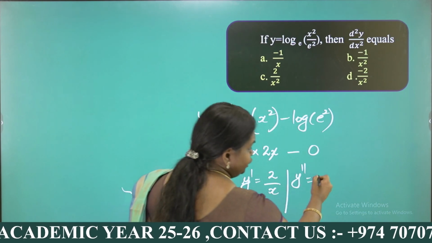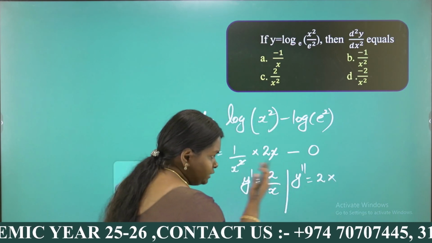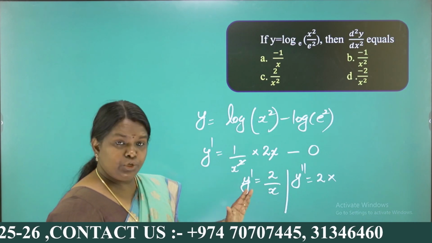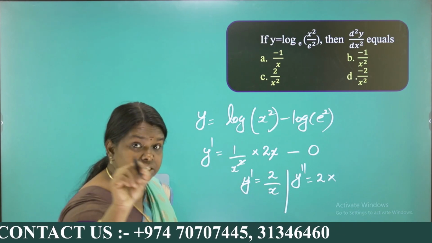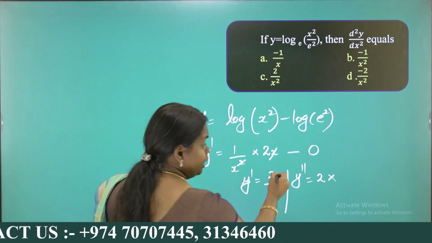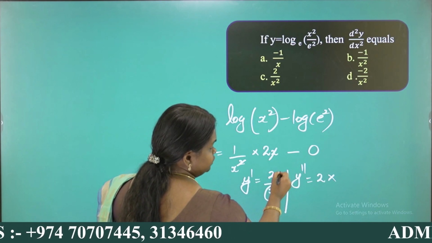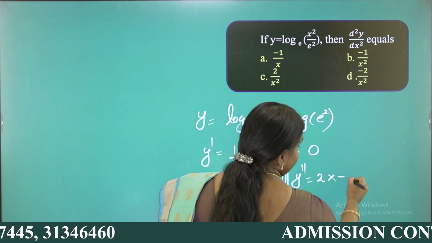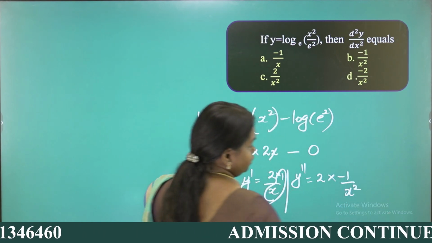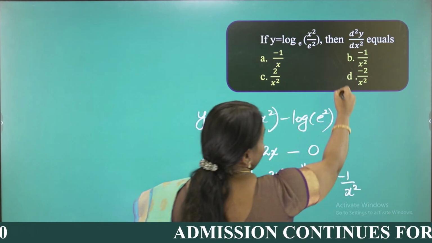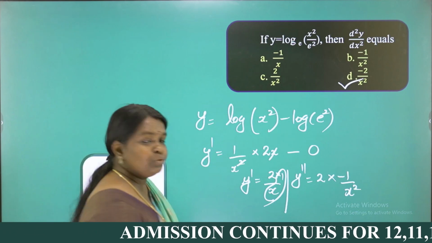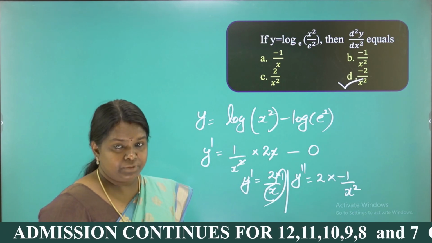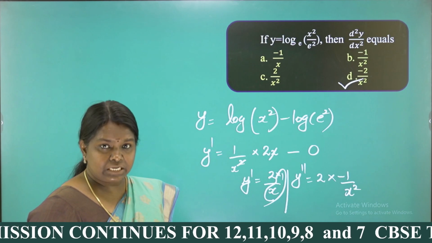So 2 into constant, we take the constant outside. 2 into the derivative of 1 by x. What is the derivative of 1 by x? The formula is negative 1 by x square. So we got the answer, a beautiful answer, minus 2 by x square. That's there in your options, option D. Hope you got it. It's clear, I guess.